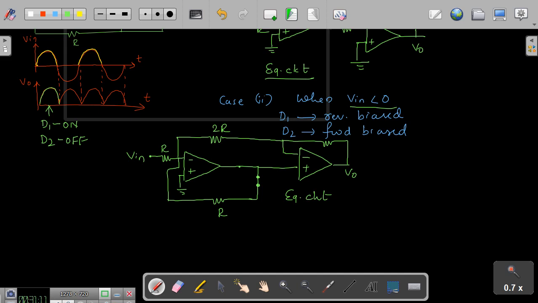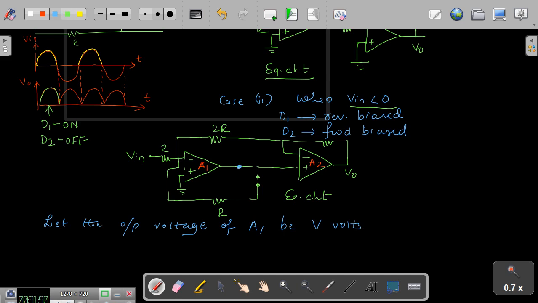For the second case, when your V in is less than 0, right? So now in this case we will have the analysis. Let the output voltage of A1, this is your A1, this is your A2, be V volts.